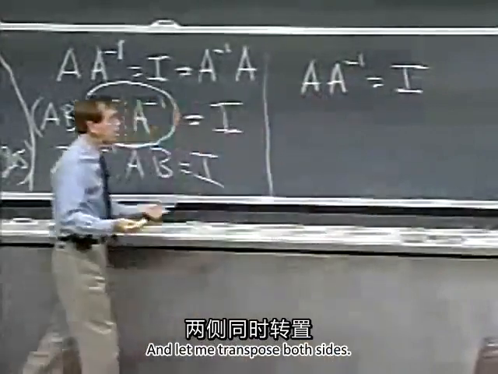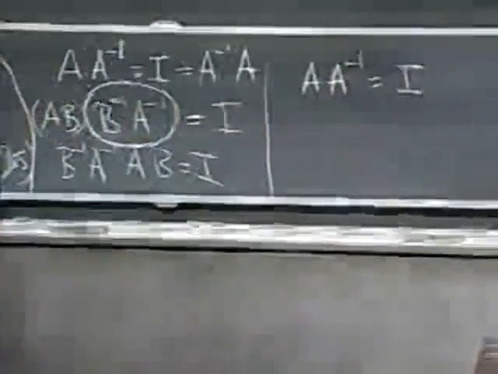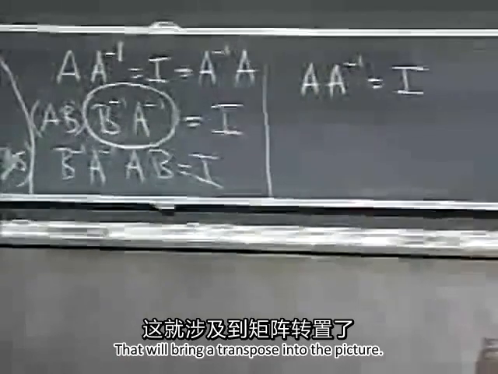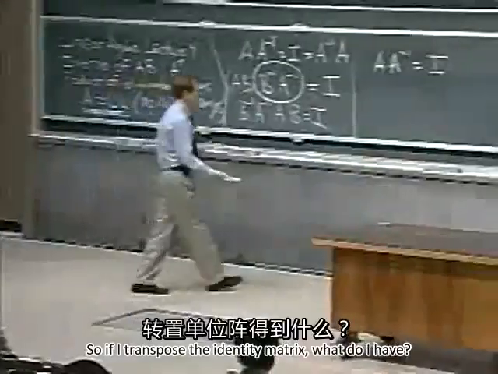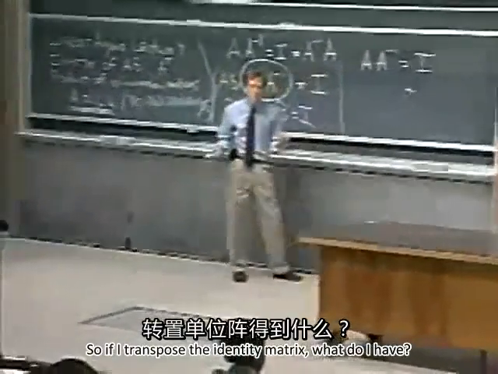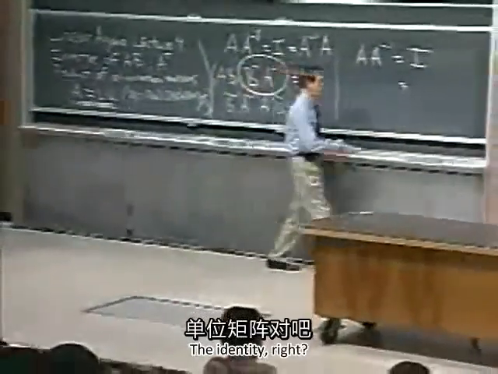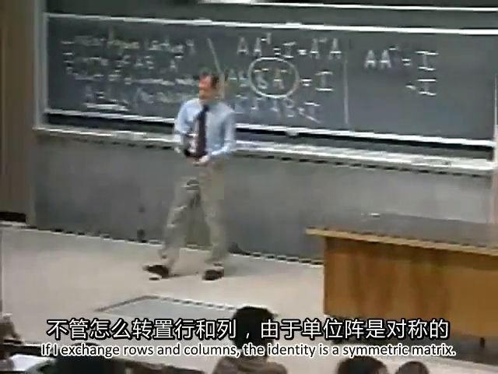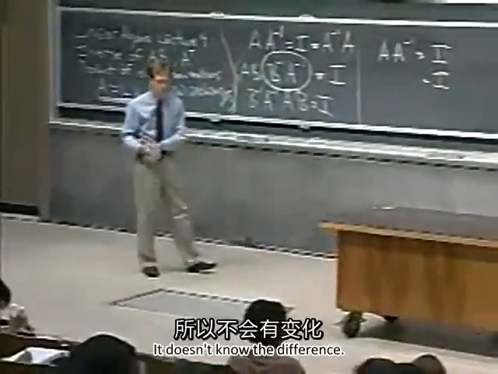And let me transpose both sides. That will bring A transpose into the picture. So if I transpose the identity matrix, what do I have? The identity, right? If I exchange rows and columns, the identity is a symmetric matrix that doesn't know the difference.